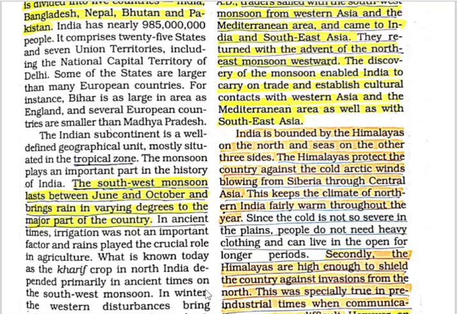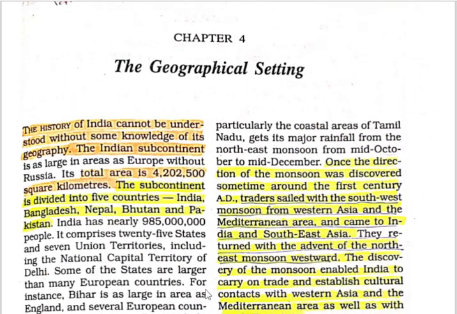Now, the southwest monsoon lasts between June and October and brings rain in varying degrees to the major part of the country. Now this is interesting: the direction of the monsoon was discovered sometime around the first century AD by Hippalus, who was a Greek merchant and trader.